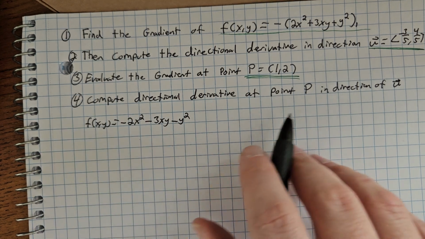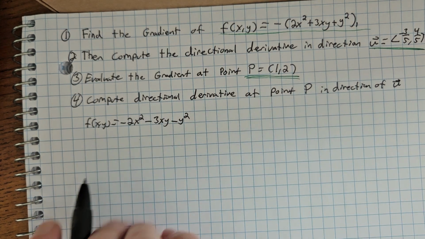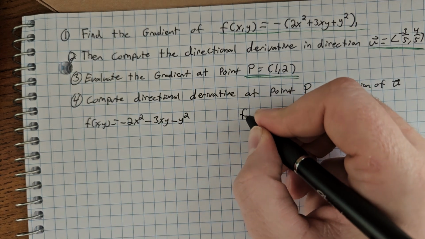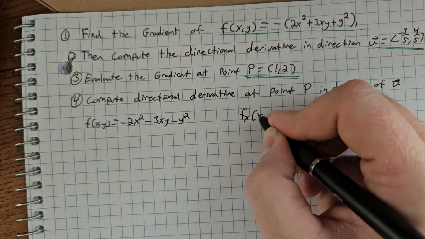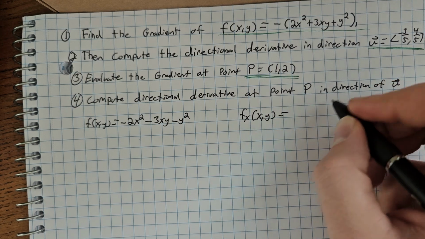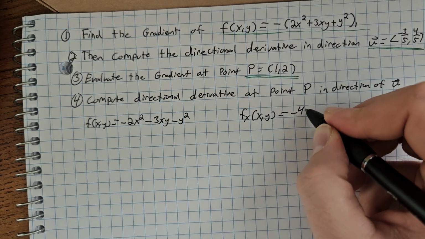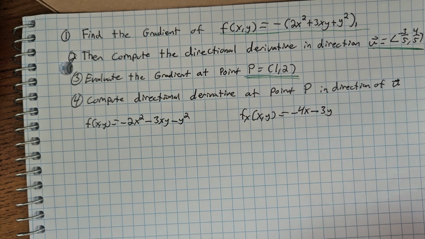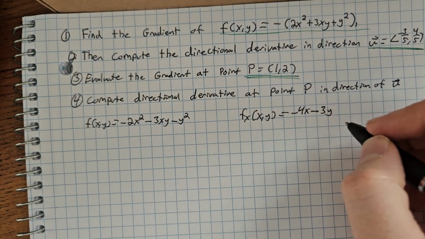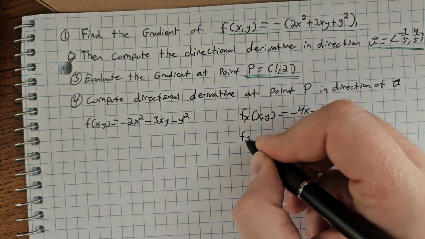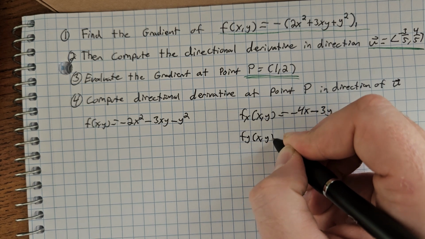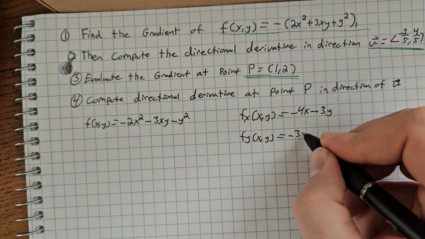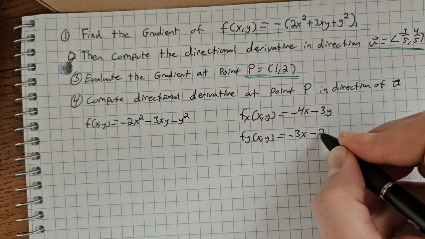So we need the derivatives in respect to x and y. So f in respect to x of xy would equal negative 4x minus 3y. And the partial in respect to y of f of xy would equal negative 3x minus 2y.